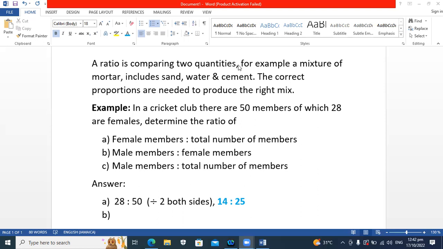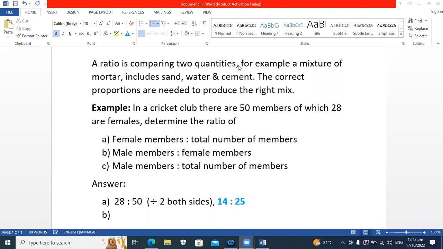In a cricket club, there are 50 members, of which 28 are females. Determine the ratio of female members to the total number of members. The female members are 28 and the total number of members is 50. So the answer is 28 to 50.